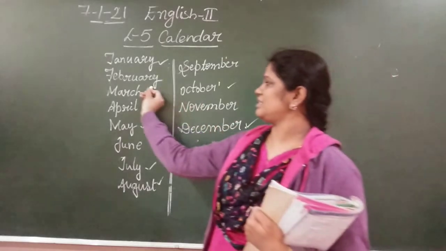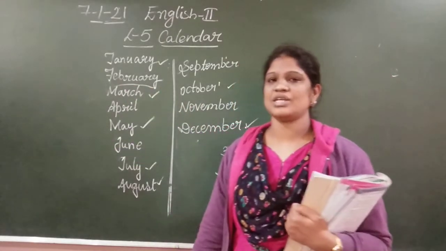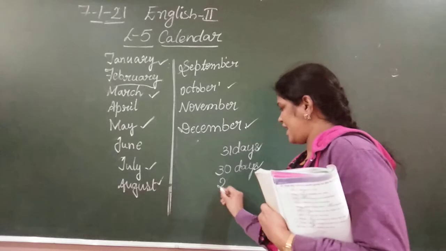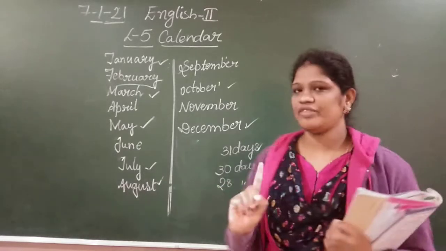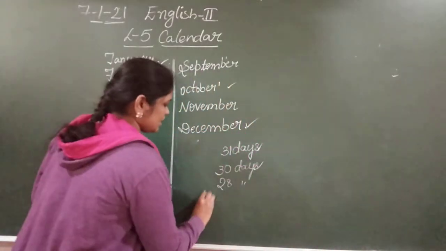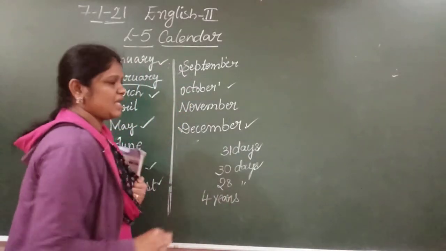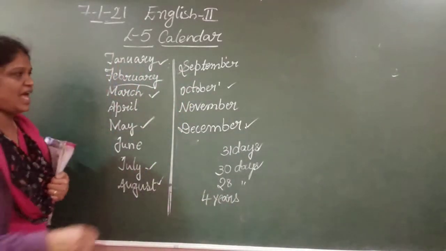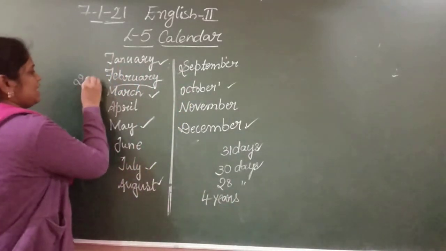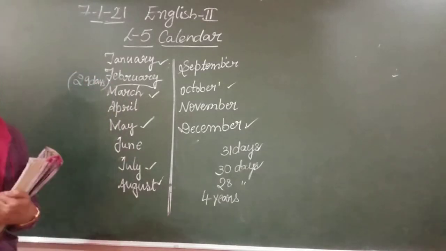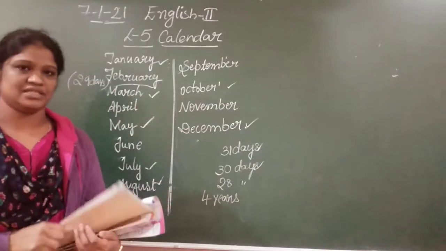And February is a special month. It has 28 days. Every 4 years once the leap year will come. Then only February has 29 days.